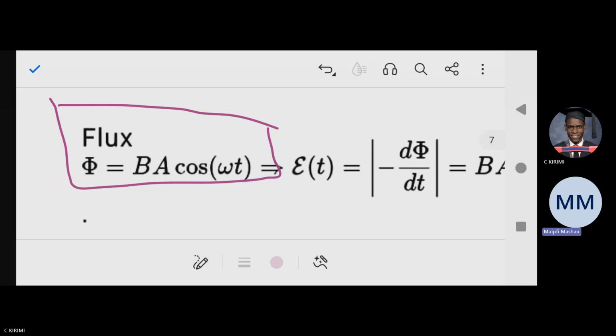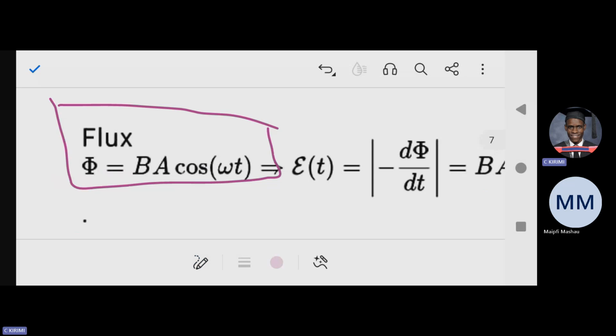What about the negative? Are we not supposed to have the negative sign for sine? No, first, what is the derivative without the negative? The derivative of cos is sine omega t, multiplied by omega. So the derivative of BA cos omega t is BA sine omega t multiplied by omega.